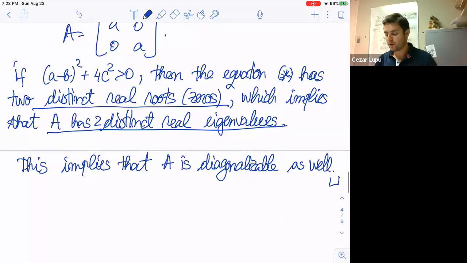And we're done, right? That's what we wanted to prove. We wanted to prove that any 2 by 2 symmetric matrix is diagonalizable, right? Okay, beautiful.